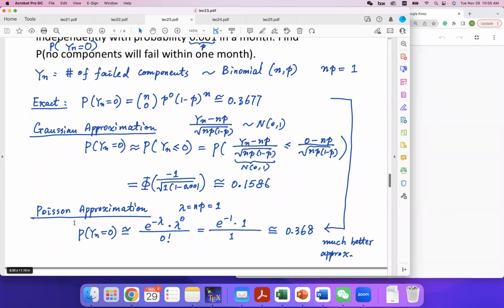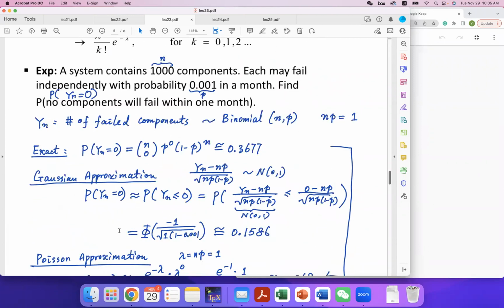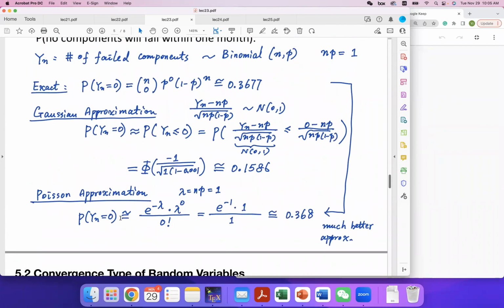The Poisson approximation says that we can approximate Yn using a Poisson lambda distribution, where lambda is the product, which equals 1 in this case. Because we are looking at k equals 0, we plug k equals 0 into the Poisson lambda distribution.